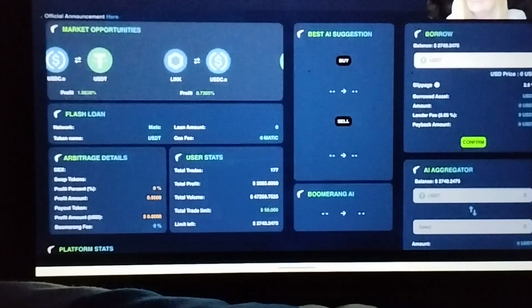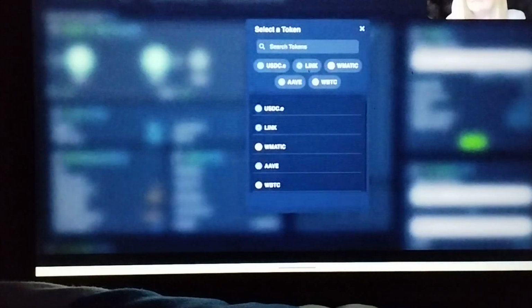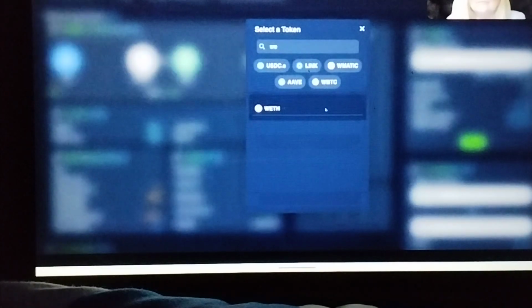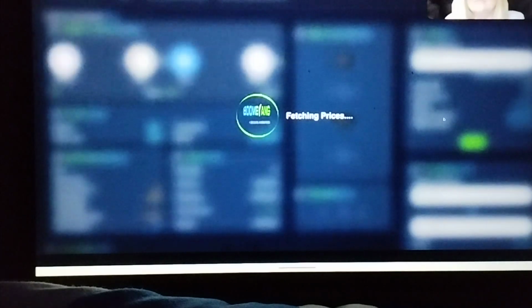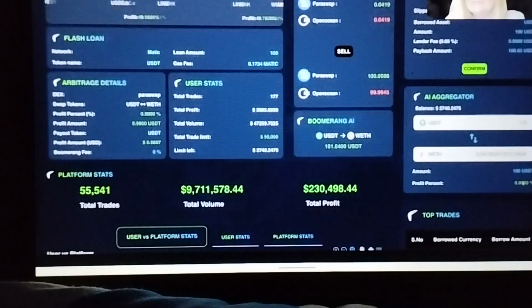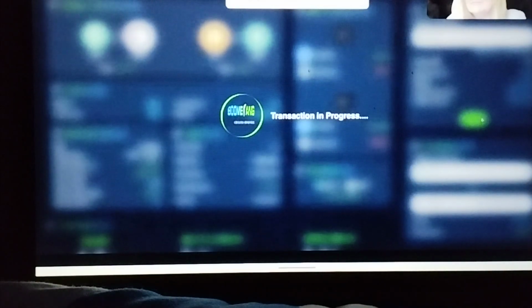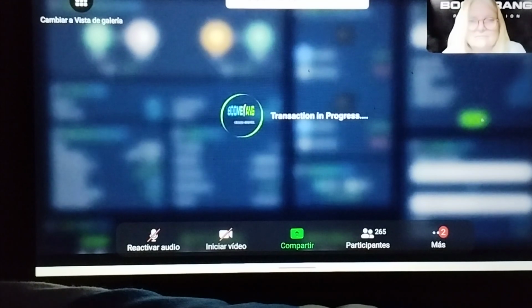UCT 100. And we do here a wrapped Ethereum. Let's see if this is taking a profitable trade. 0.99. I think that's good. Let's confirm it. And then confirm.